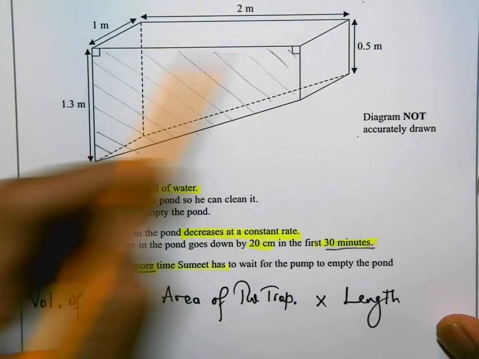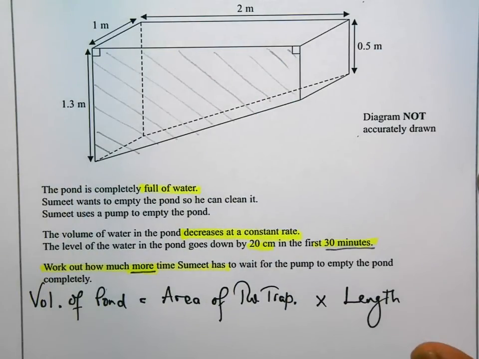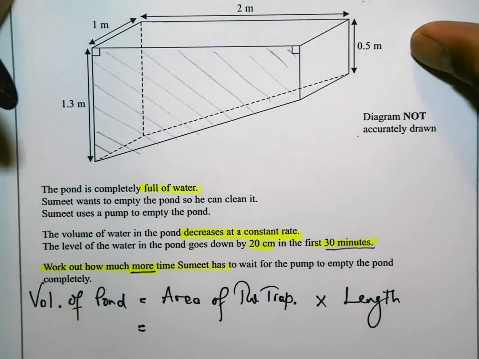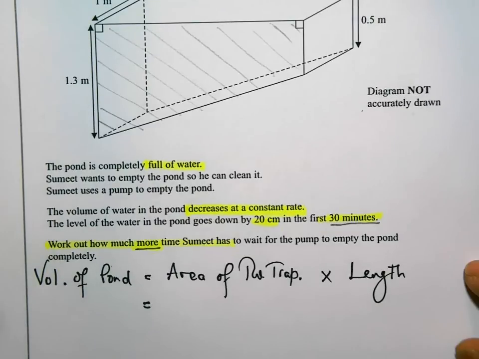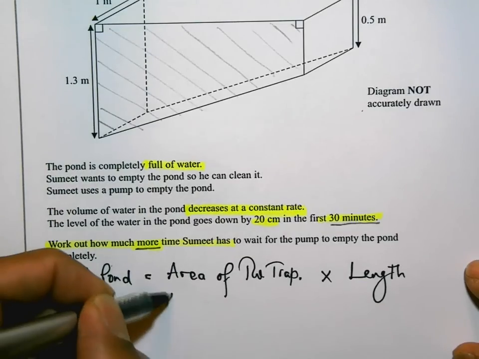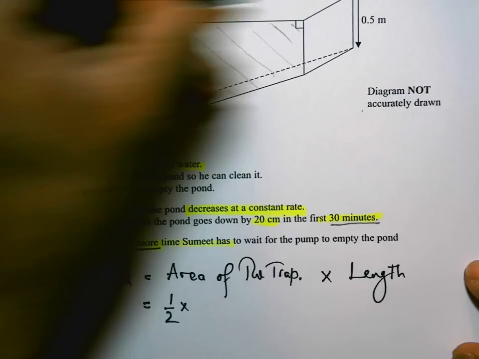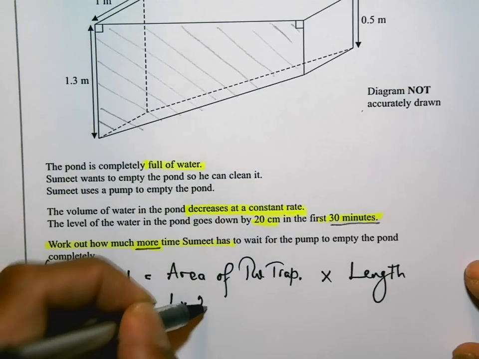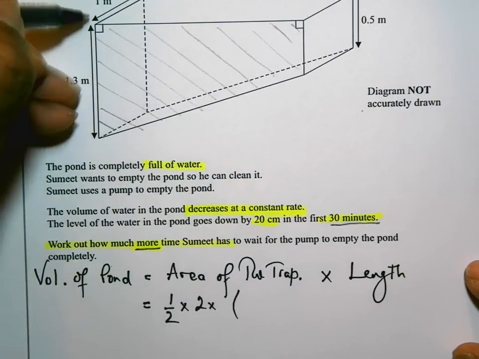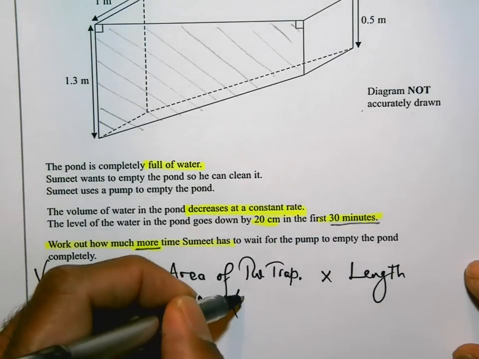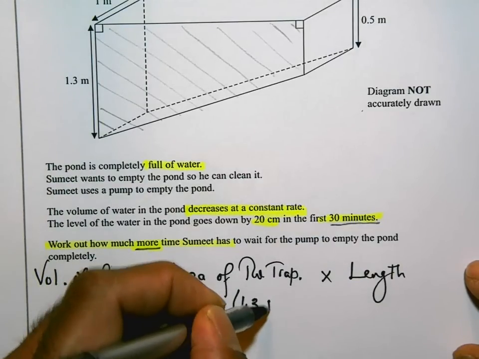That is in the formula sheet, so you need to be familiar with that and make sure you can do it. It's going to be a half times the distance between them, which is 2 meters, times the parallel sides, that's 0.5, that's 1.3. So you should be able to do that.